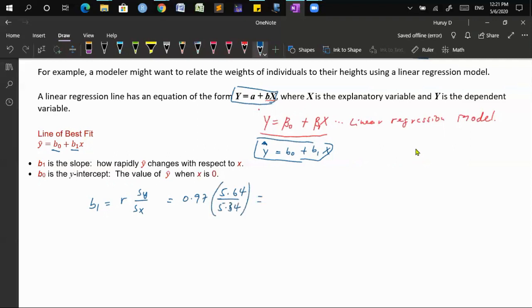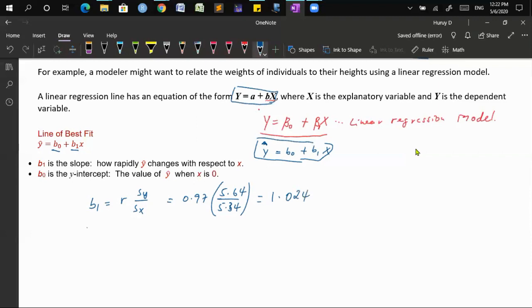Following this, if we do the calculation, 0.97 times 5.64 divided by 5.34, I got 1.024.